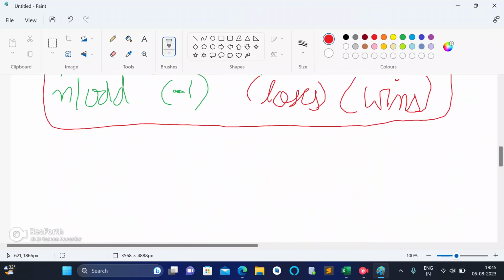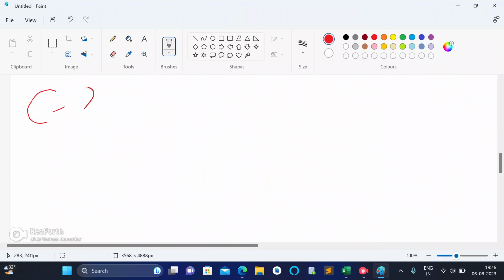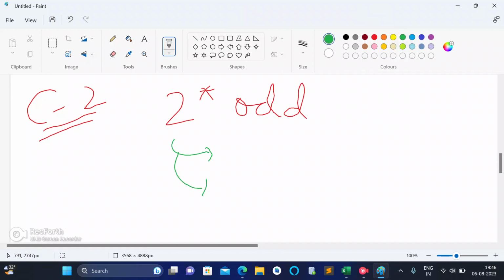So to complete this approach, we will divide case 2 further into 2 cases, when the 2 into odd form is present. I can say that the 2 into odd form can be written in the first type as 2 into prime, where this odd is actually a prime number.